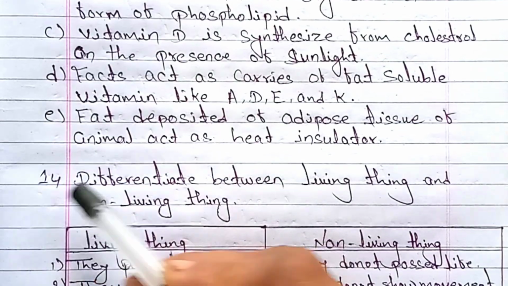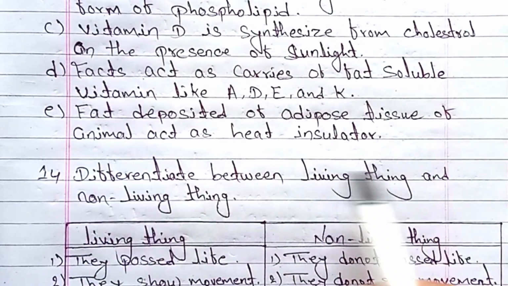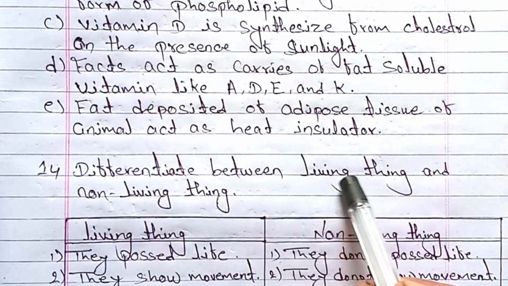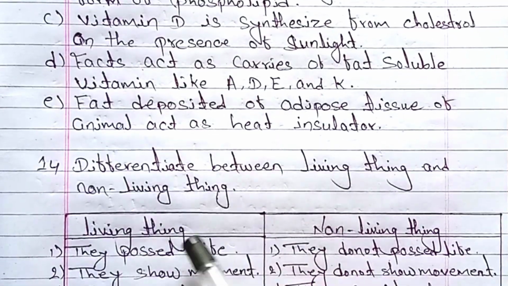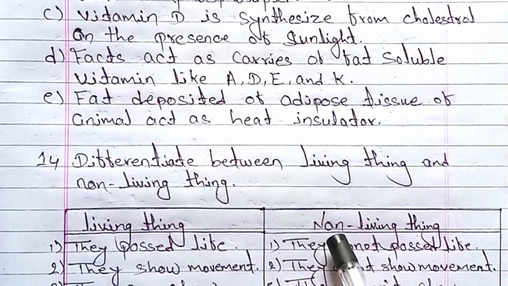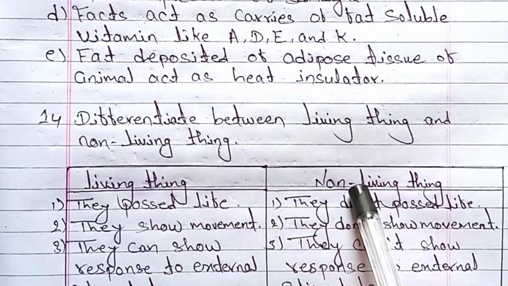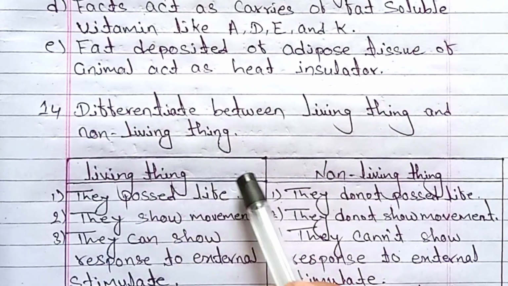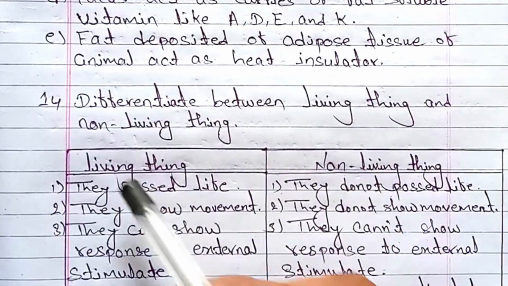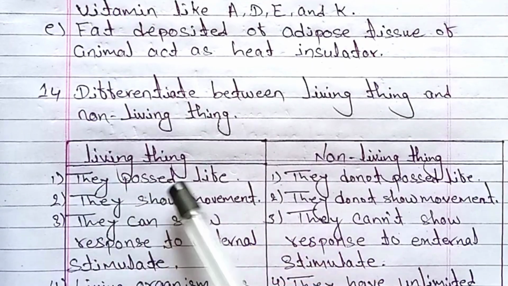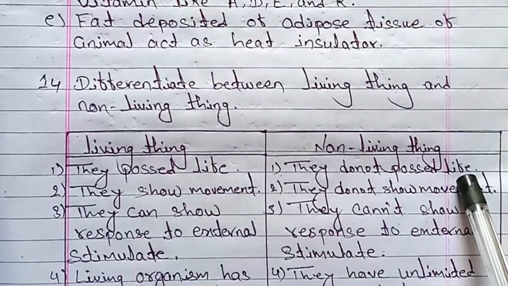Question number 14, difference between living thing and non-living thing. Living things versus non-living things. Point 1, they possess life; they do not possess life.